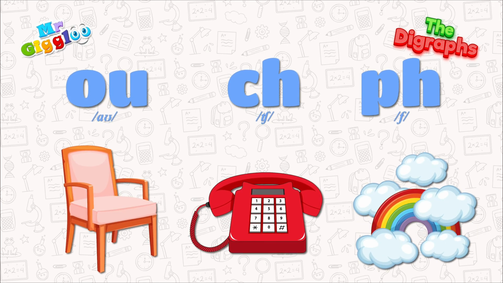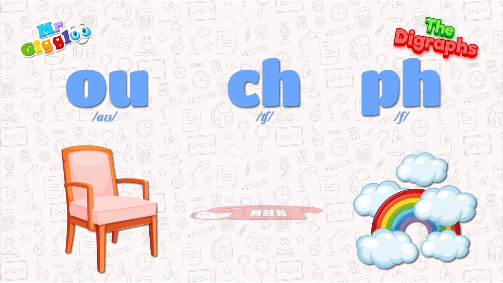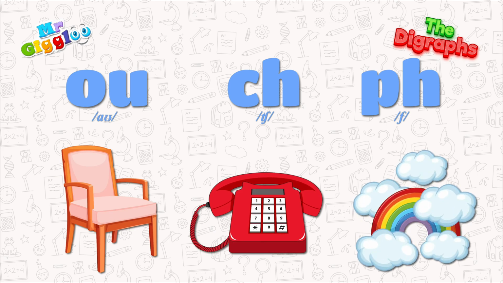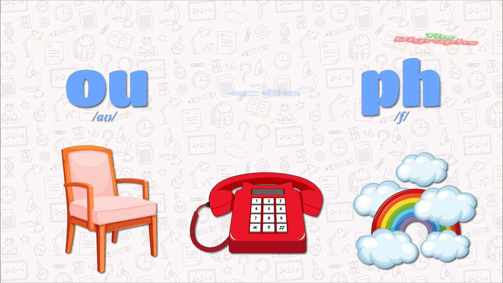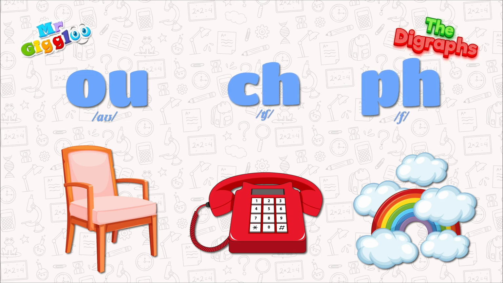Game time! Match the picture to the digraph. There are three pictures: chair, phone, and cloud. And digraphs are OU, CH, PH. CH makes the sound ch, PH makes the sound f, and OU makes the sound ow. Can you match it now?